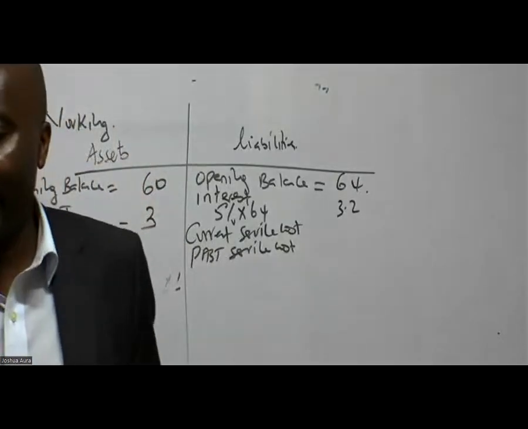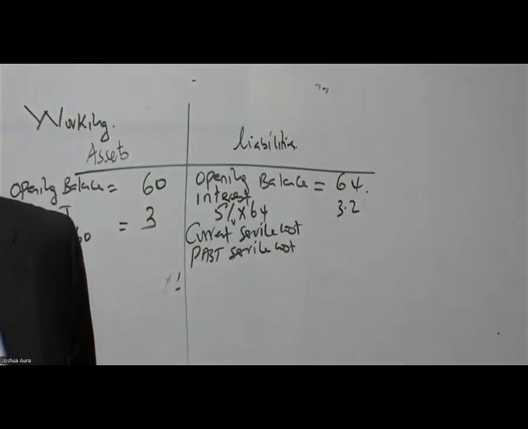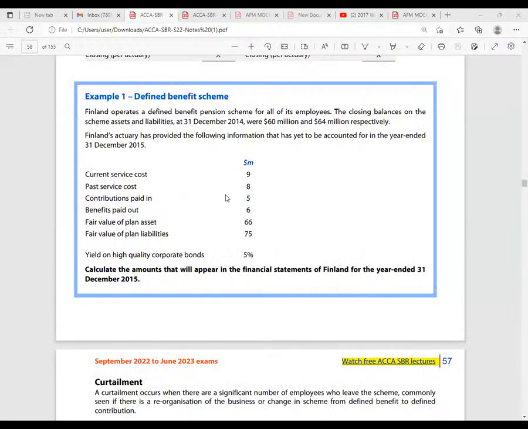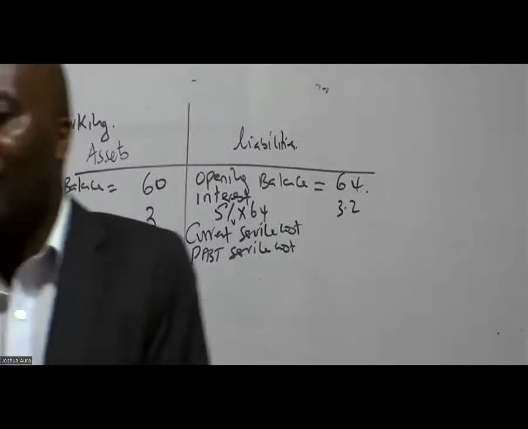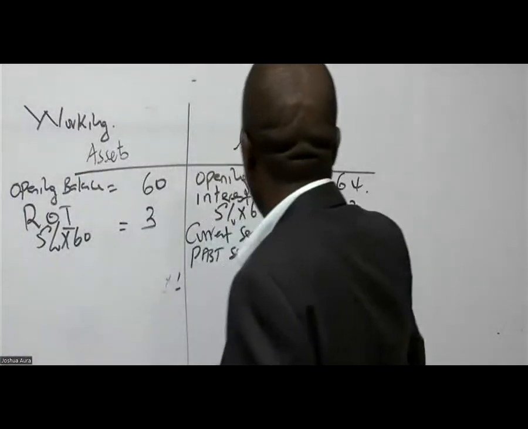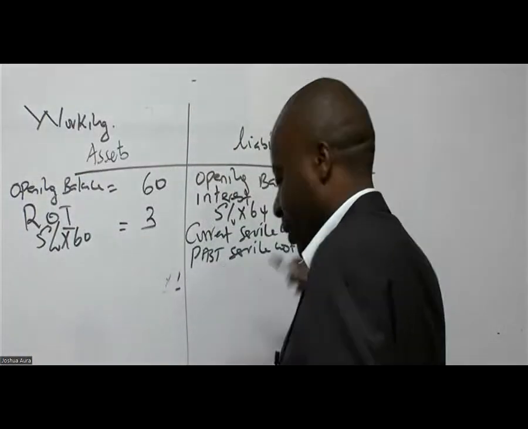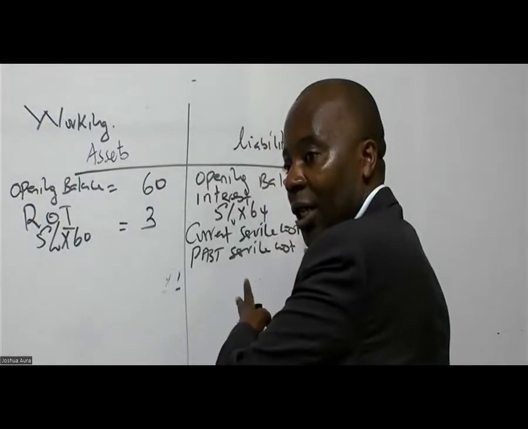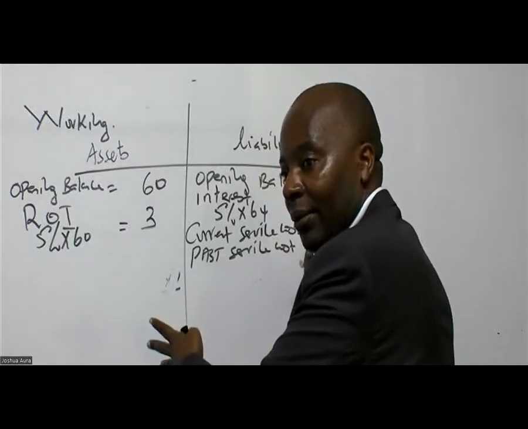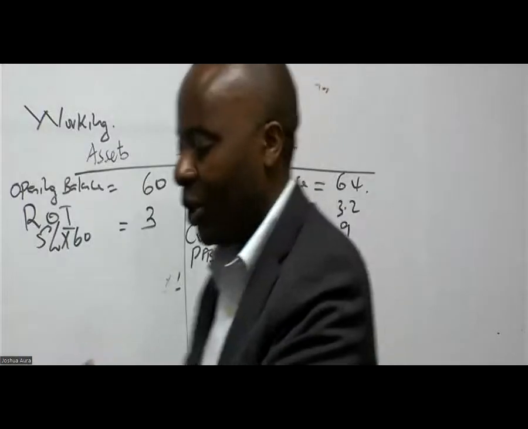So for current service cost, we have 9, and then the past is 8. They are increasing liabilities, so we shall not deduct them. They shall be positive.